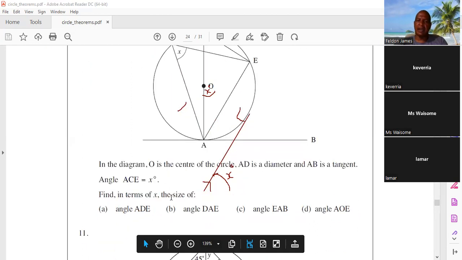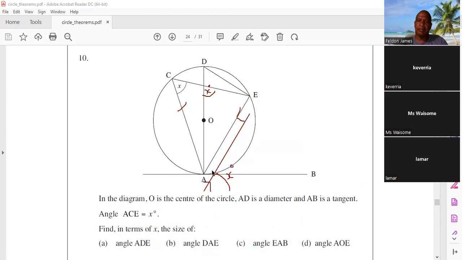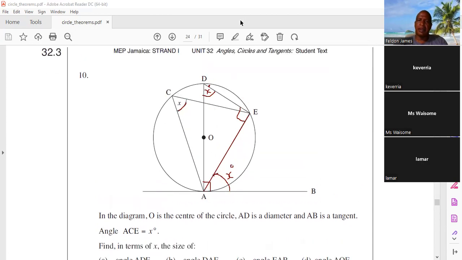The other one is angle DAE. The angle DAE, this angle in terms of X would be what? What is this angle, guys?